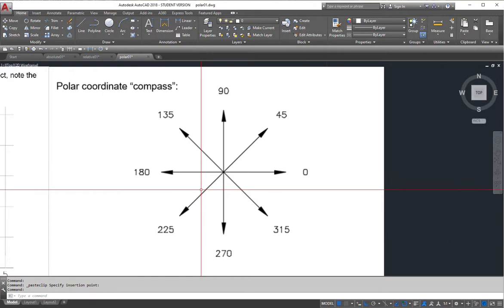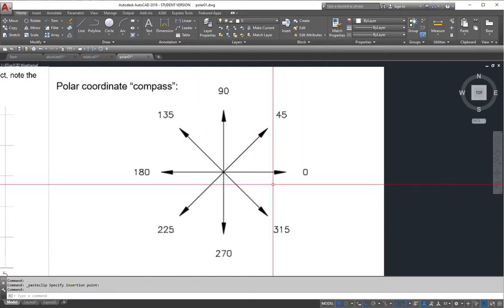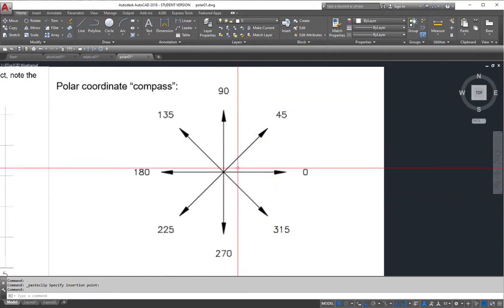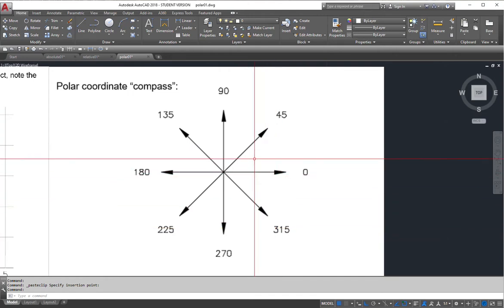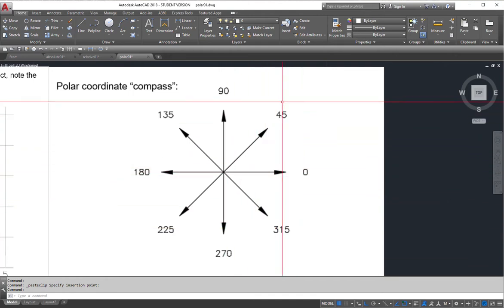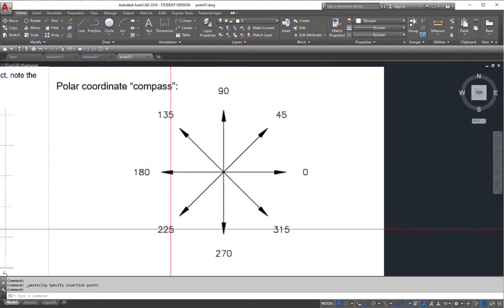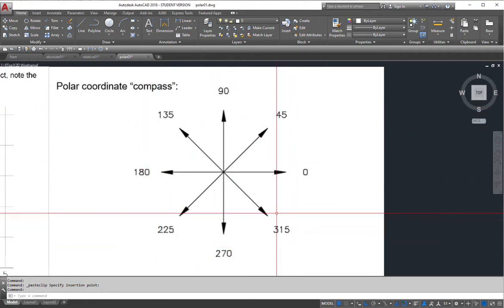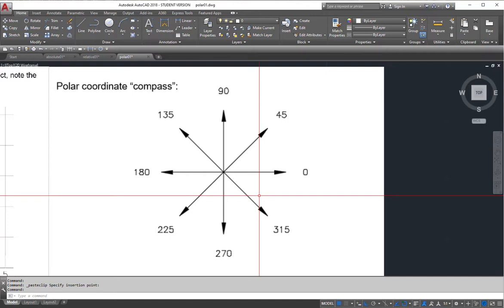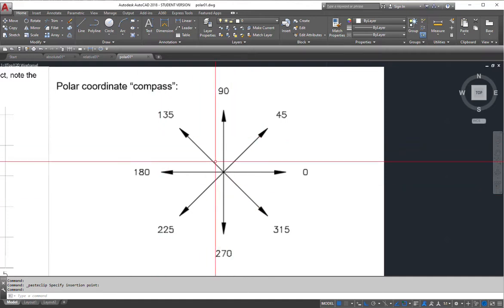Now you can do negative angles if you want to, but I particularly try to avoid that because some students get confused with negative angles, so I'd rather say, just continue adding your angles in the positive direction so that you can just look at positive numbers for now. So that is our polar coordinate compass.